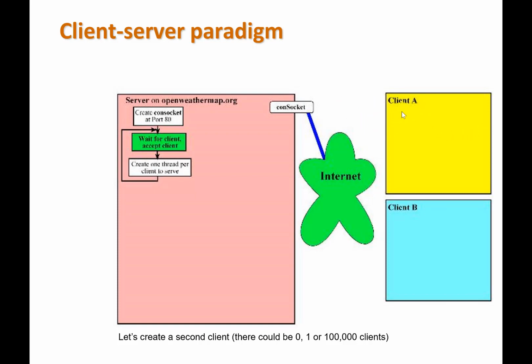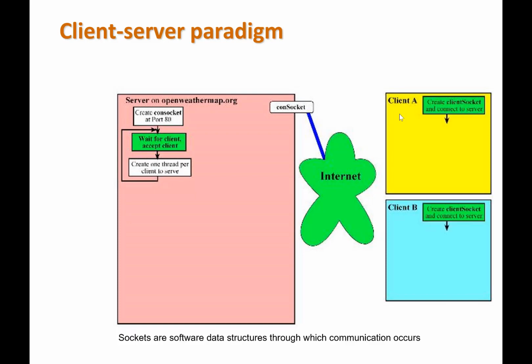When client A runs, it's going to create what's called a client socket. Again, a socket is a software structure through which communication can occur. This is going to be TCP packets. There will be a unique local client socket in each client that it will use to connect to the server.